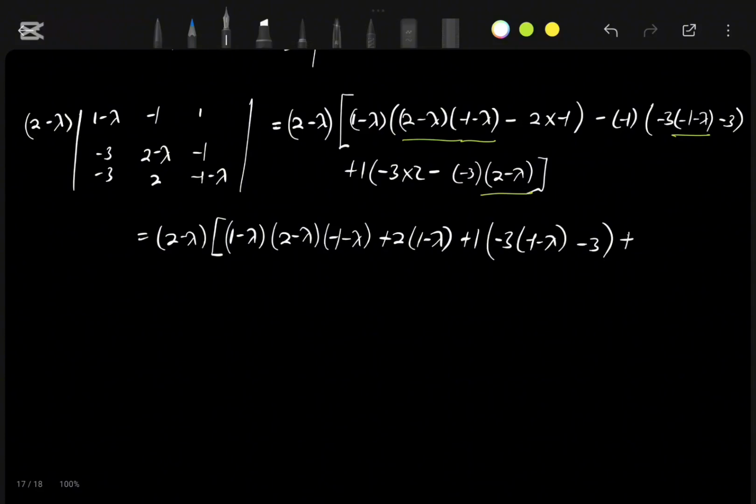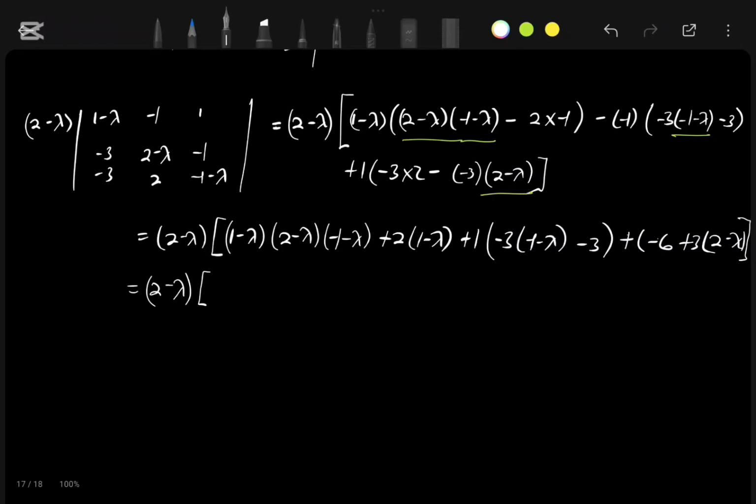Plus into brackets minus 6 and plus 3 into bracket 2 minus lambda. And we close our big bracket. So we have 2 minus lambda.